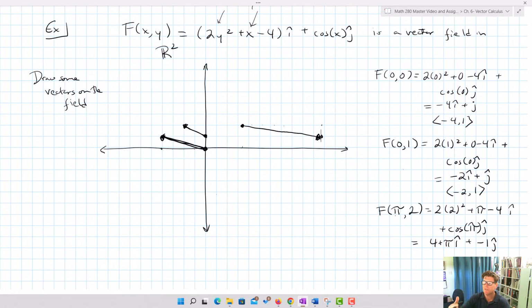There could be all sorts of different things. Basically, I'm going to get a function, and that function is going to indicate the vector that I draw in the vector field, and I'll get a picture that gives me the overall sense of the system that I'm looking at.